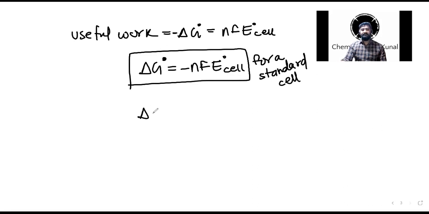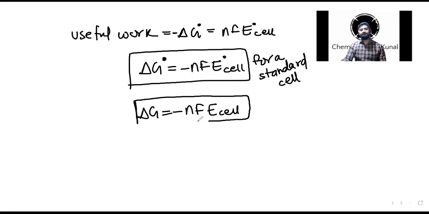For a normal cell, delta G will be equal to minus nF E cell. This is for any cell, we can use this. Not only cell, we can use it for electrodes also. That's how you can find the delta G naught and delta G. This is the first thing that we have learned.